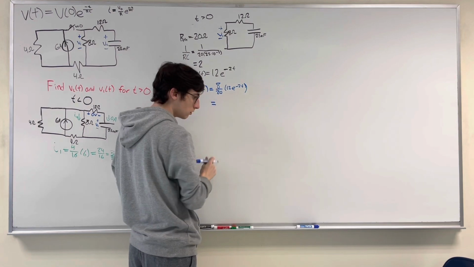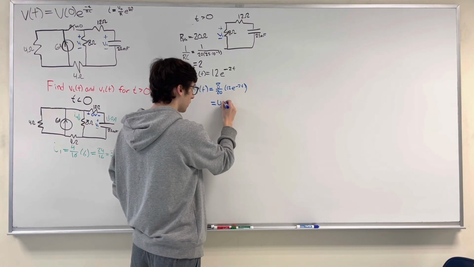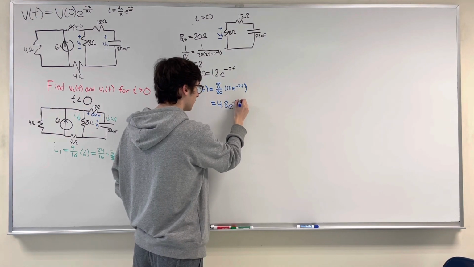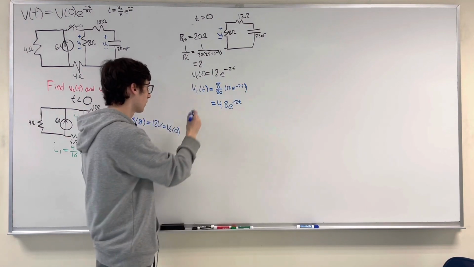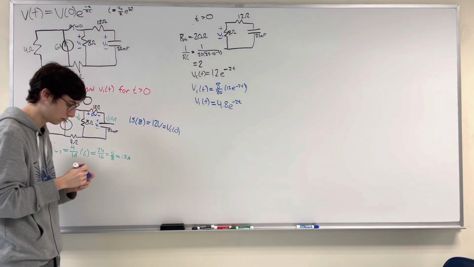And this is all equal to 4.8e to the negative 2t. All right, and that is our second problem done.